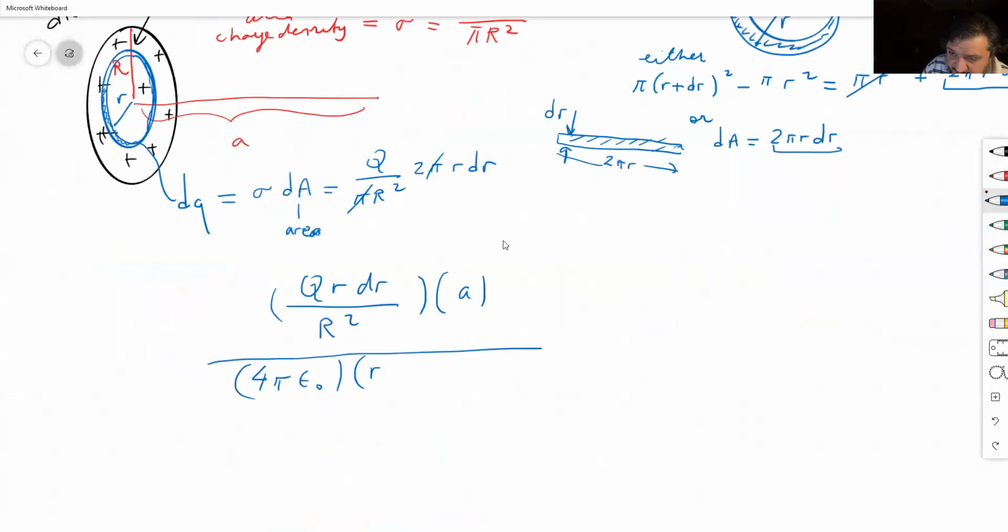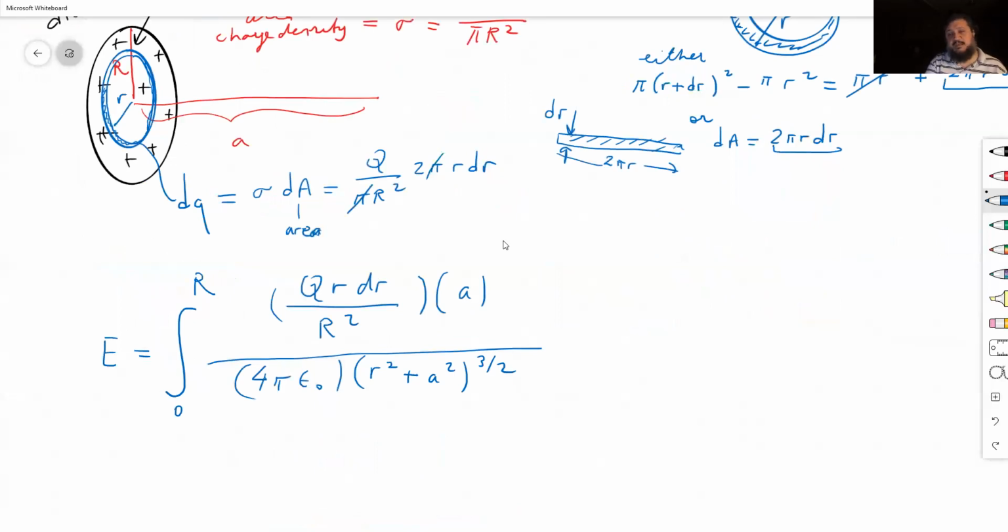Of course, I'm going to replace the capital R by small r. So if I can integrate this over r from 0 to capital R, I get the electric field.